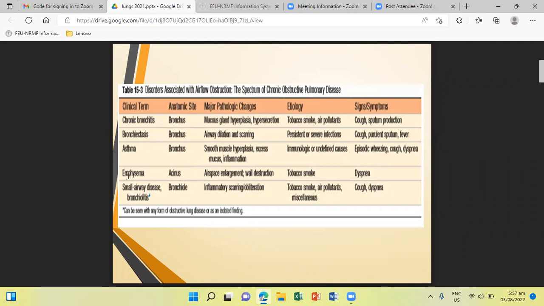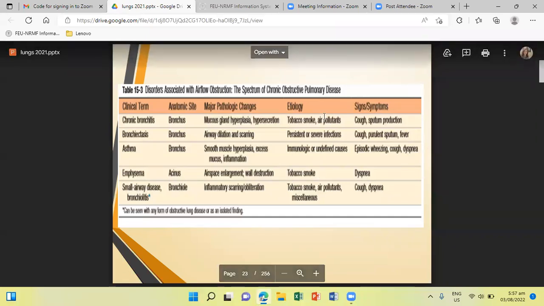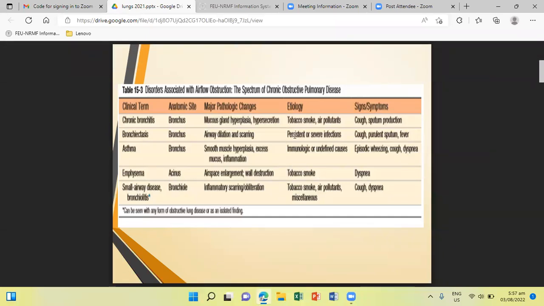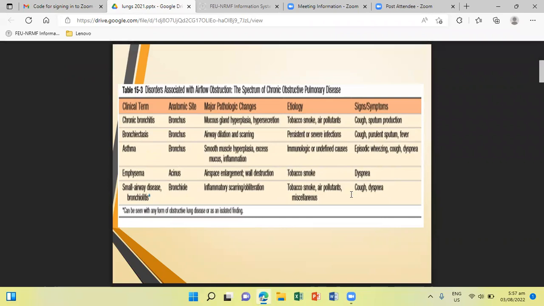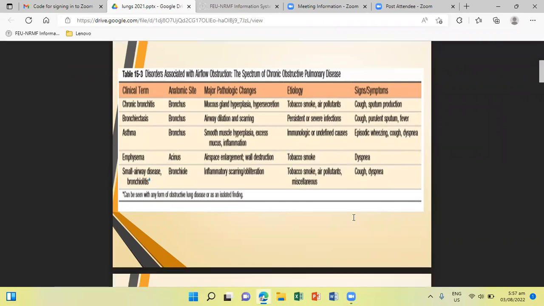When it is emphysema, we're talking about the acinus, and small airway disease, we're talking of the bronchioles. These are what you will then expect histologically. And as you can see here, these are the different etiologic factors, the common culprit of which will be almost always smoking, and of course, infection for some, immunologic for asthma. So the presentation is expected to be cough and difficulty of breathing.